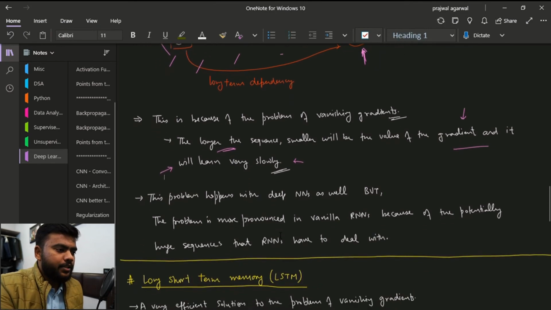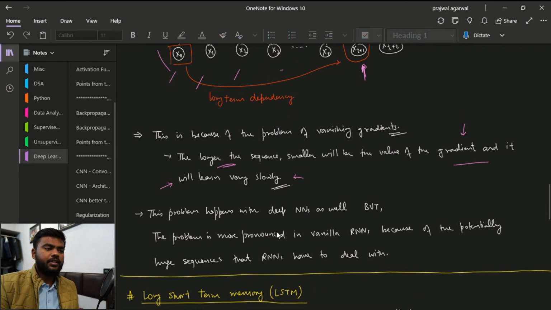Now this problem happens with deep neural networks as well, like CNNs or ANNs, but the problem looks very pronounced with RNNs, because here we actually work on those long sequences. In CNNs and ANNs, we don't work on such huge sequences, hence the problem is not that visible.